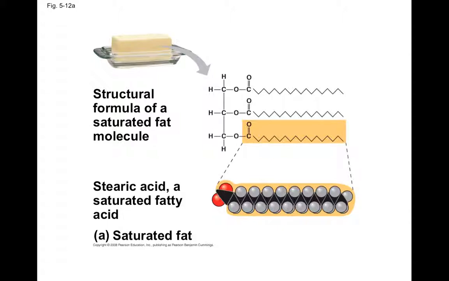So one reason you don't necessarily want to get processed peanut butter is because they convert the unsaturated fats to saturated fats, so that the peanut butter isn't as oily at room temperature.